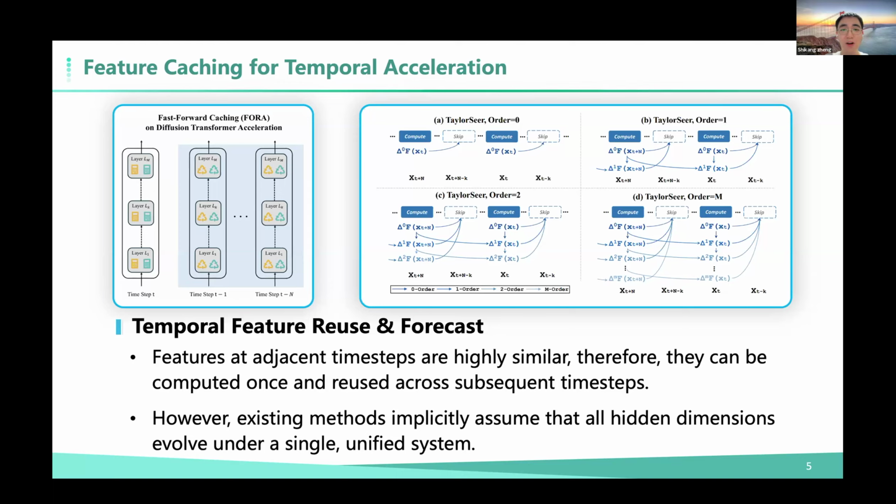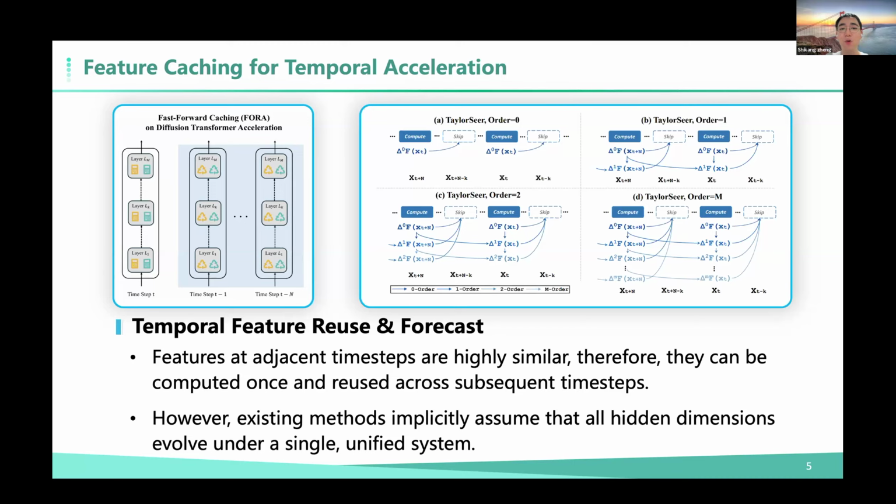A recent work called TaylorSeer further improved this method by replacing the simple reuse mechanism with forecasting using the Taylor formula. Instead of simply reusing the cached features, we compute the differences of these cached features to approximate their derivatives.